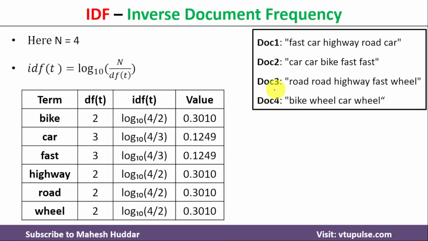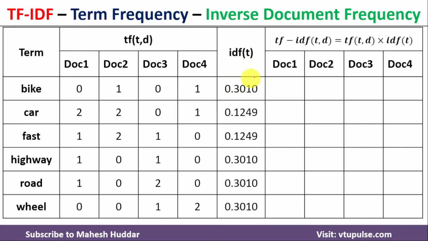Once you find the IDF of t, next we need to find the TF-IDF of t comma d, which is nothing but the multiplication of TF of t comma d and IDF of t. So we know the TF of t comma d and we know the IDF of t. We need to multiply these two values, and we will get the TF-IDF of t comma d. First I will consider bike.